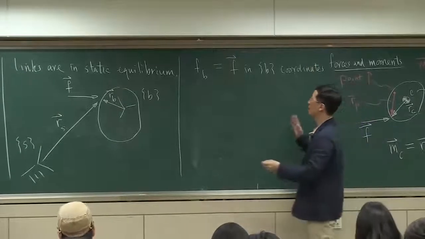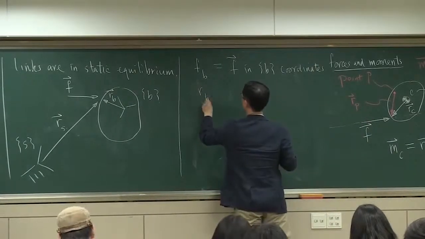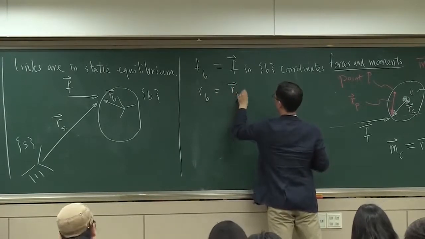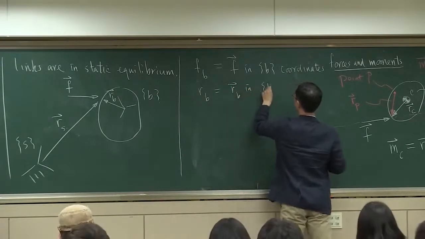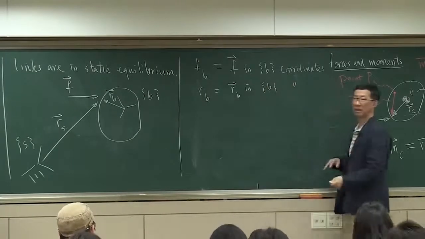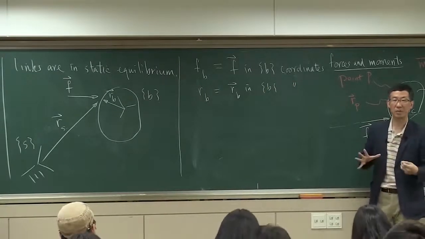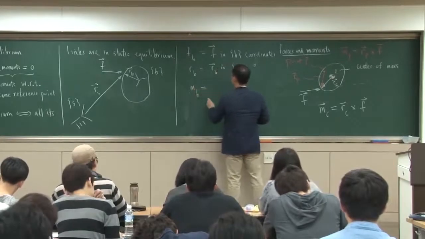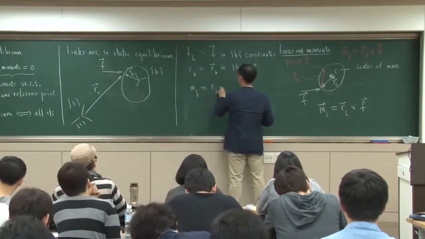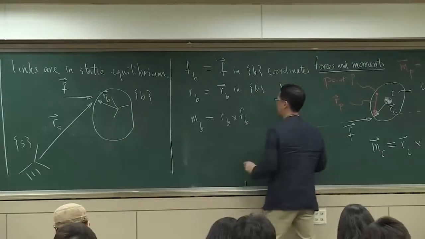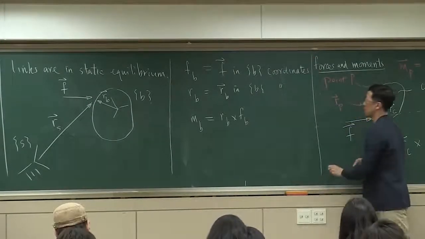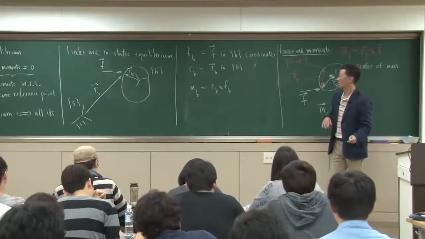R sub B is this vector R sub B, similarly in B frame coordinates. And then M sub B, the moment, would simply be R_B cross F_B.